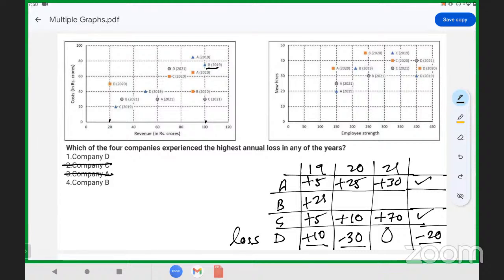So in B in 2020, revenue was 90, cost was 40, yes, 50 crores. Okay, and last, B in 2021 over here is 30 and 30. So this is 0. So this is also a profitable company. So the only loss making company over here is D. So B will get cancelled out. So D is the answer. D company.